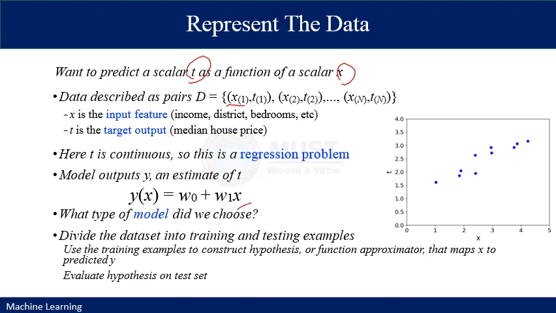So we have input feature vector x multiplied by some weight w1 plus a bias w0. So what type of model did we choose? In this case, we chose a simple linear model. So if we draw the model, our model should look like this.